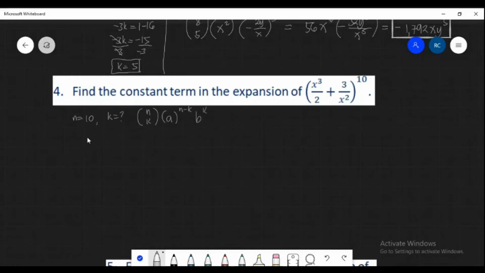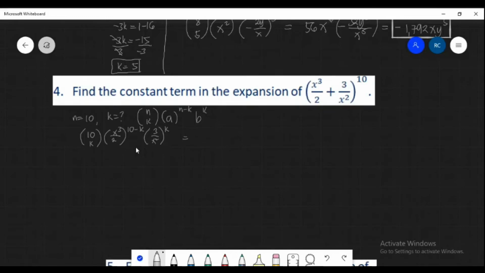Okay. So, ito yung magiging 10 combine k times first term x cubed all over 2 raised to 10 minus k times 3 over x squared raised to k. Okay. Ginamit ko lang yung formula guys.